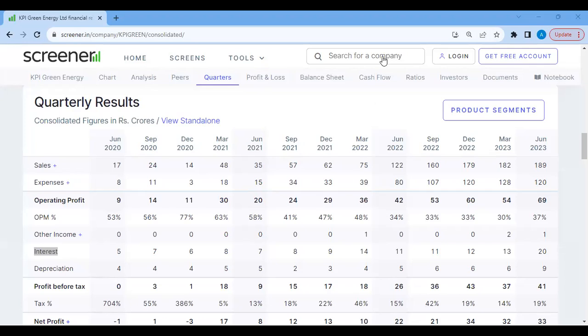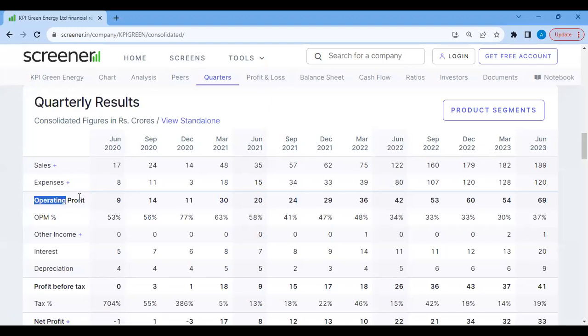So like we have multiple avenues of making money, the company also has multiple avenues of making money, and anything which the company makes from other avenues is there in the other income of the company. So it is basically money that the company is making apart from the regular operating profit, right?